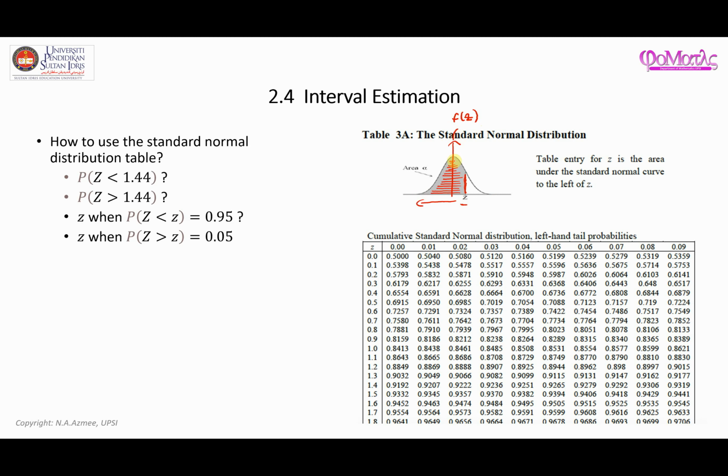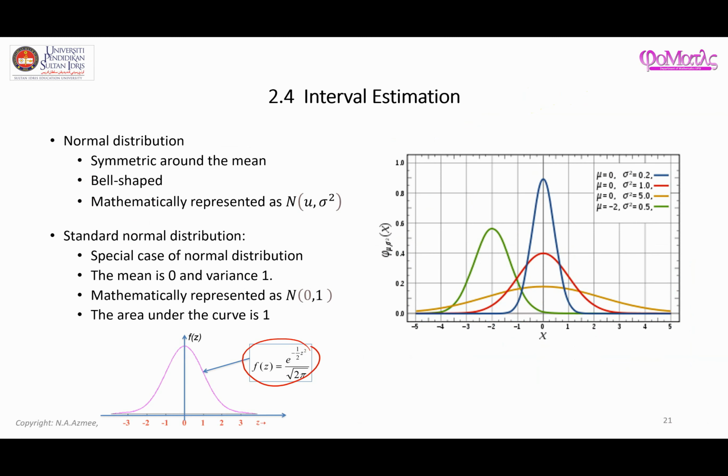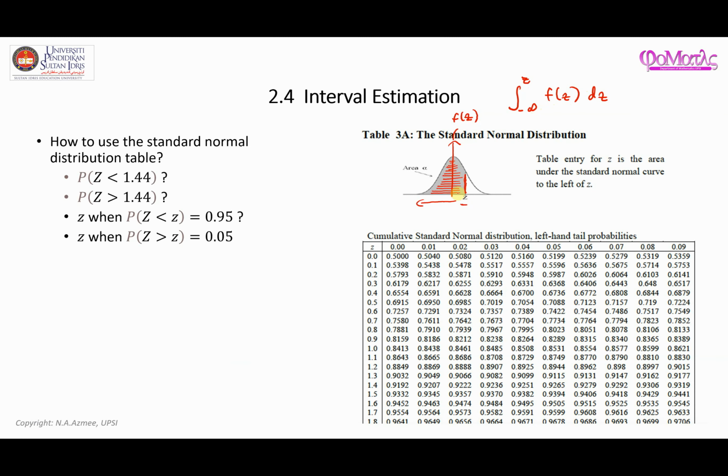In order to find the area under the curve, you have to integrate the function from negative infinity to point Z. So basically, you get the area by integrating from negative infinity to this point Z the function Fz dz. The function Fz is given on this page here.